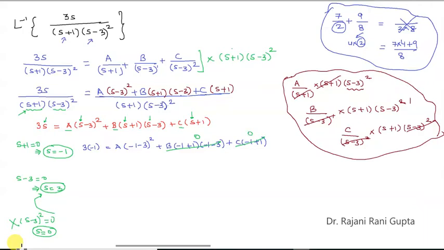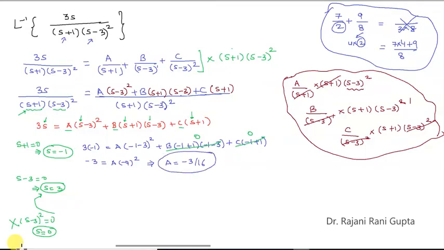This whole term also cancels. What are we left with? Minus 3 is equal to A times (minus 1 minus 3), which is minus 4, and power 2 gives you 16. So this gives you A is equal to minus 3 divided by 16.